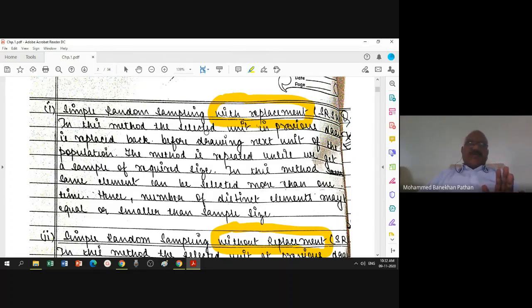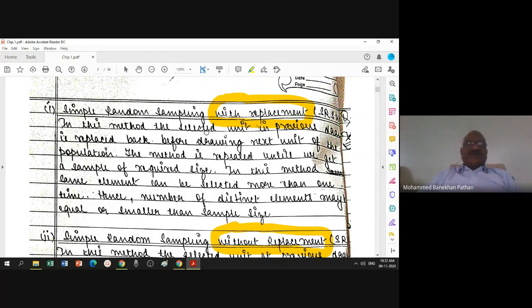Suppose I study a population with 1000 items by taking a sample of 20. So I will make 20 selections one by one. I select one item at the first draw. It may be anything from 1 to 1000. I put it in my sample. I put it back to the population and then I make the next selection.